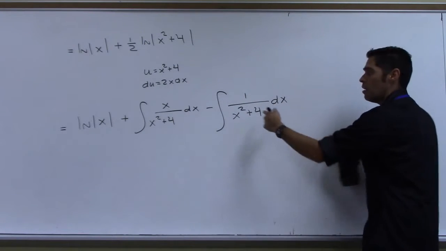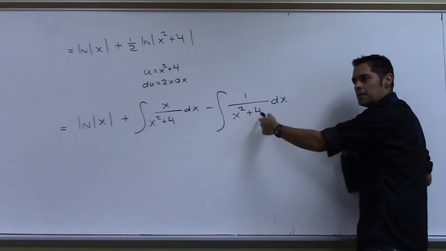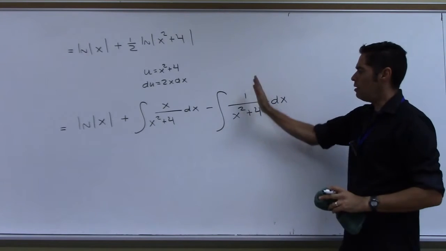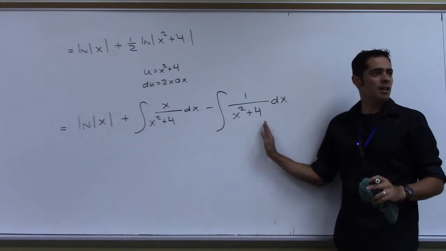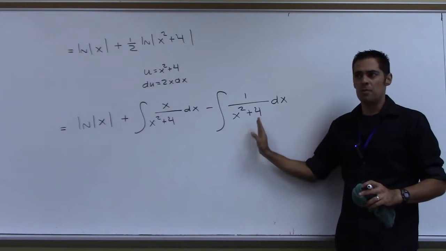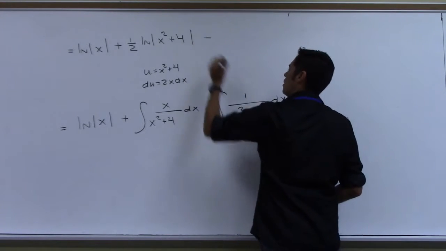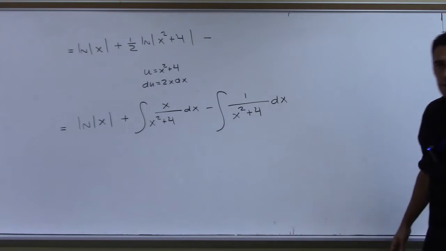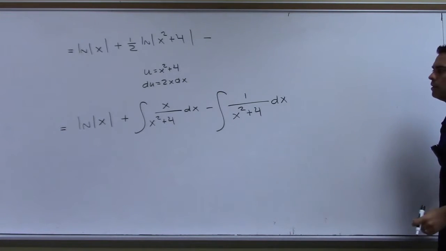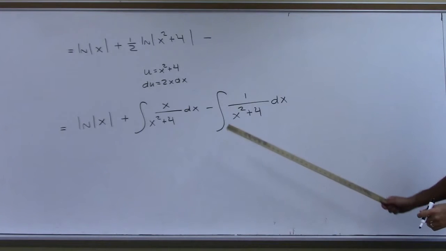And then, yes, arctan. All right, this is the one that we love to see. 1 over variable squared plus constant squared. So this one's arctan. So minus, how does that formula work again?